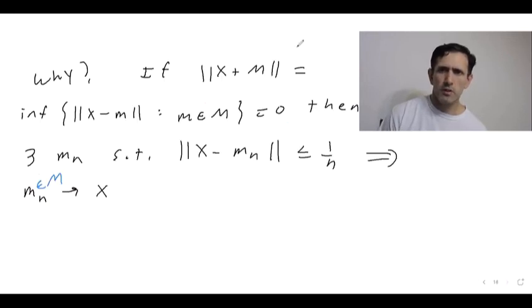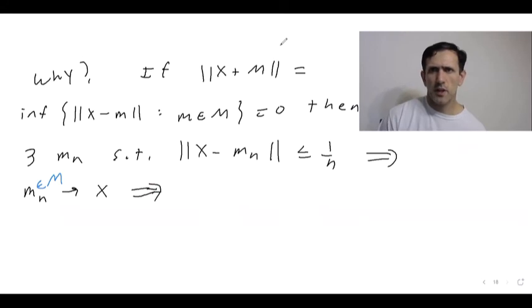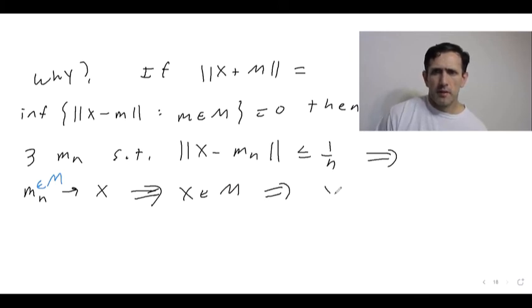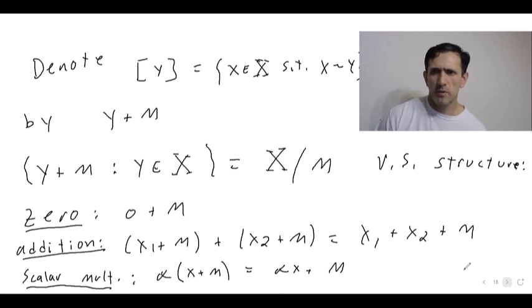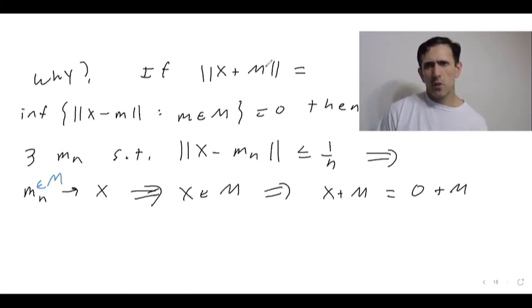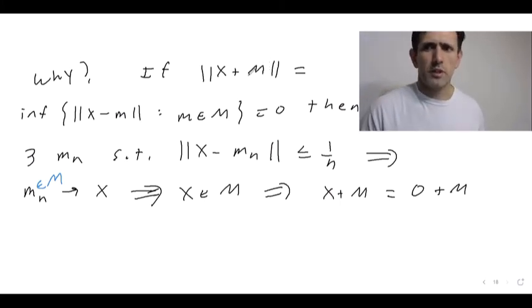Well, if M is closed, x is in the closure. This implies that x is in big M. Otherwise, we don't know. I mean, in general, it won't be. So this is just the zero element, 0 plus M. Remember, that's what the zero element is, 0 plus M. Right. So the norm equals 0 means we're dealing with the zero element.